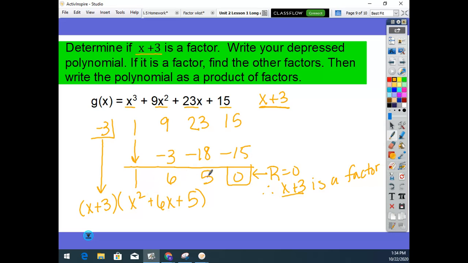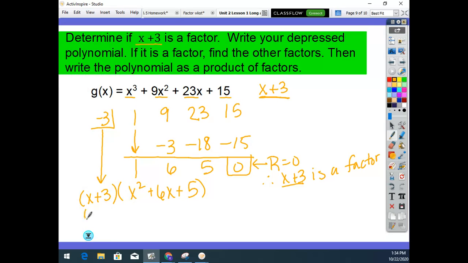So you're turning these coefficients back into your x's. Then we just need to factor our depressed polynomial, bring the x plus 3 down, break x squared into x and x, factors of 5 that add to get 6, plus 1, plus 5.